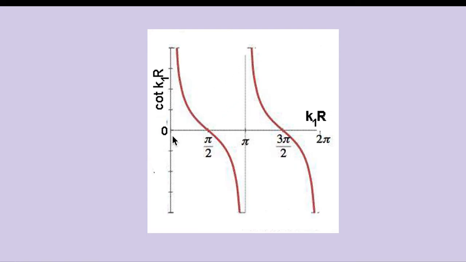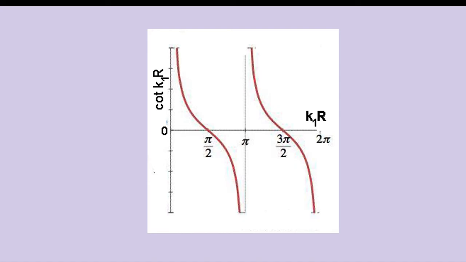We know these are the values 0, pi by 2, pi, 3 pi by 2, and 2 pi. And cot KR, you are taking as cos by sine. For 0, sine 0 is 0 and cos 0 is 1, so 1 by 0 is infinity. That means for 0, the value is very large; you can't mark it in the graph. At pi by 2, we have to take cos by sine.